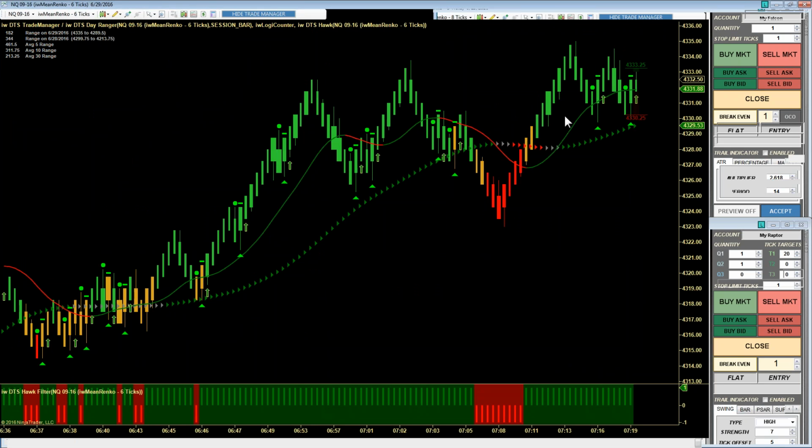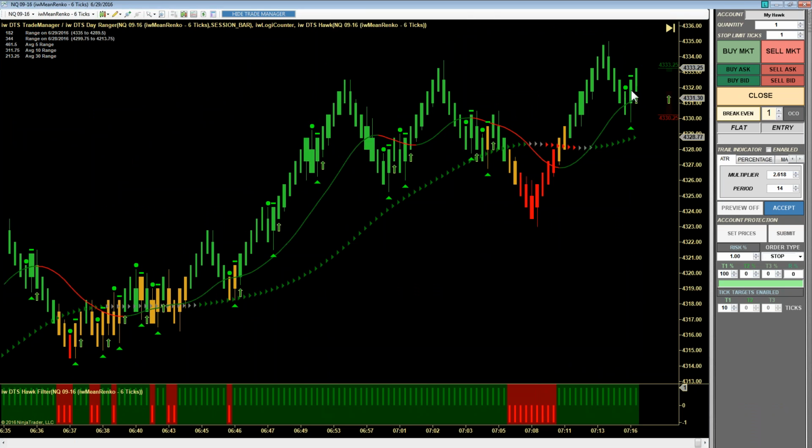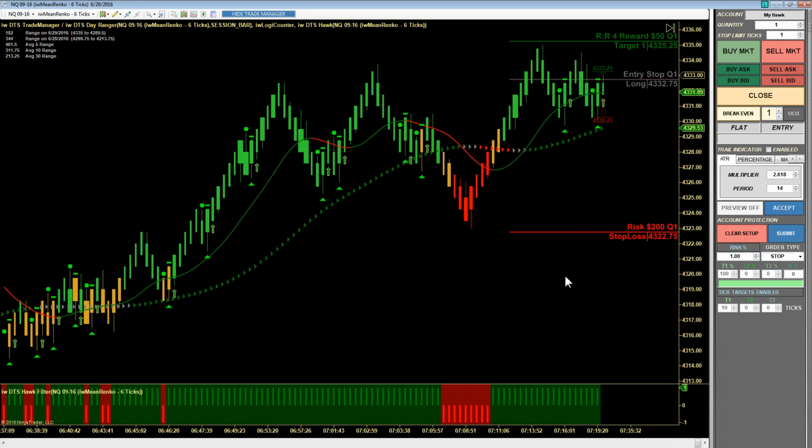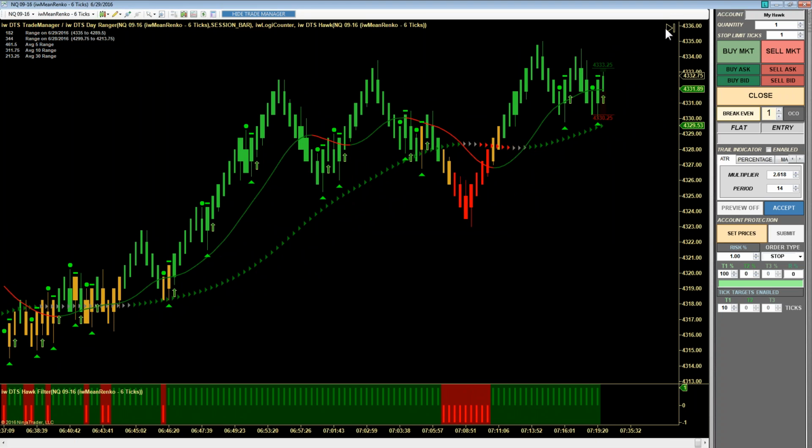Here's this Hawk first micro-macro cross signal again. Very high probability signal. This one I would probably have to cover way down here. We're fighting it a little bit. It should get up there though. Like I say, it's a very high probability signal.